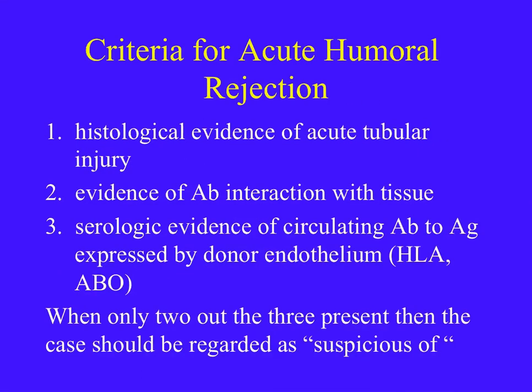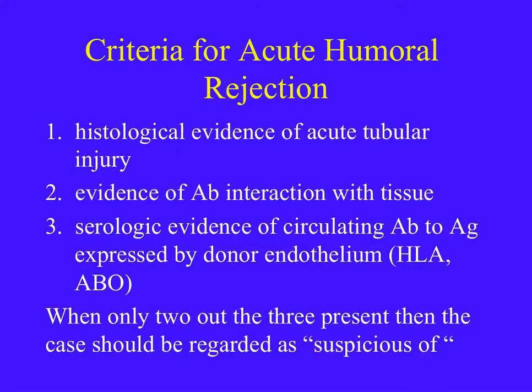Banff also identifies and recognizes 3 criteria in order for us to be able to label a case as acute humoral rejection. First of all, we need to have histological evidence of acute tubular injury. Then we need to have evidence of antibody interaction with the tissue, and this is confirmed by peroxidase studies for the C4D antibody.